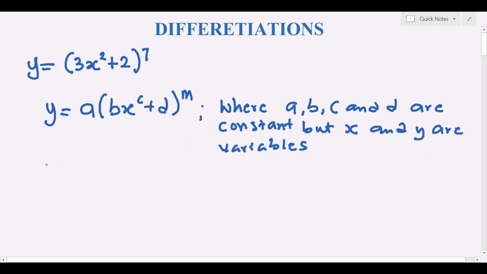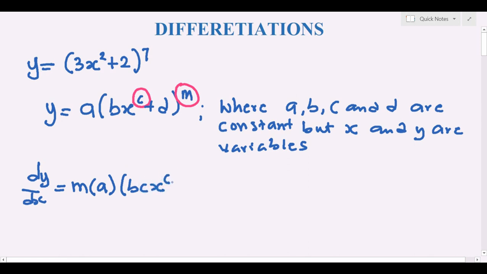To differentiate this, we are going to have dy/dx. This will give us, you take note of the powers involved in this differentiation. So when we start differentiating, we multiply the whole first with m into a, which is the constant before the bracket, into, we bring out the bx raised to power c, into bc x raised to the power c minus 1, into, we bring out everything now under this bracket.